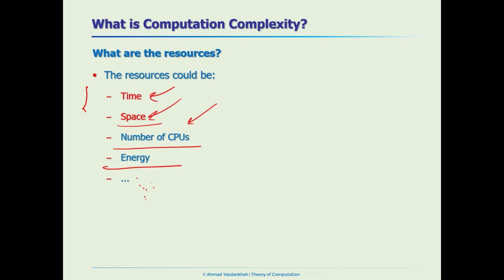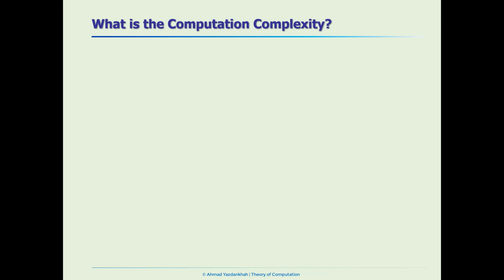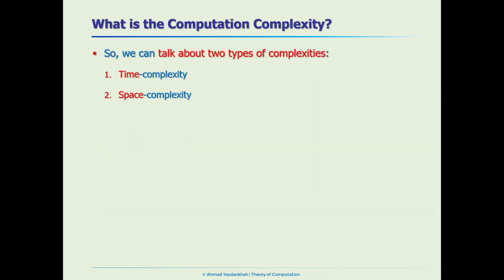We can mention a lot of resources, but the point is that time and space are usually our main concern. We can talk about two types of complexities: first, time complexity, and second, space complexity, because we said these two resources are more important than the others.